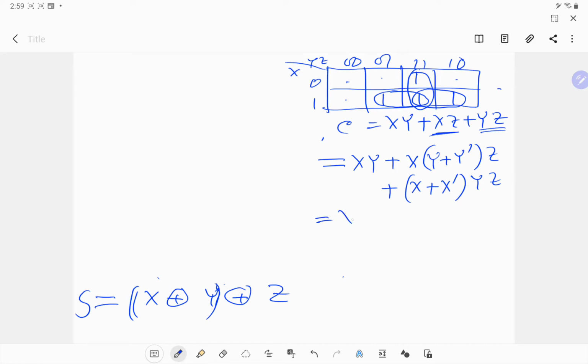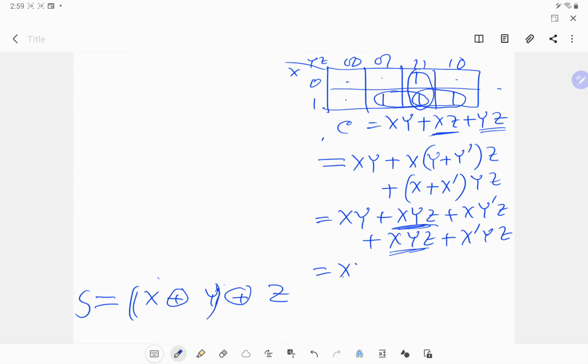So we have xy plus xyz plus xy'z plus xyz plus x'yz. So we have 2xyz; xyz plus xyz gives us xyz.